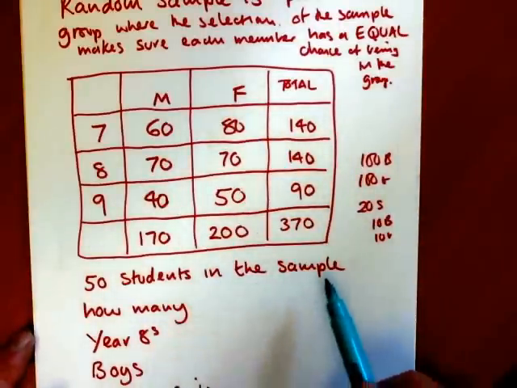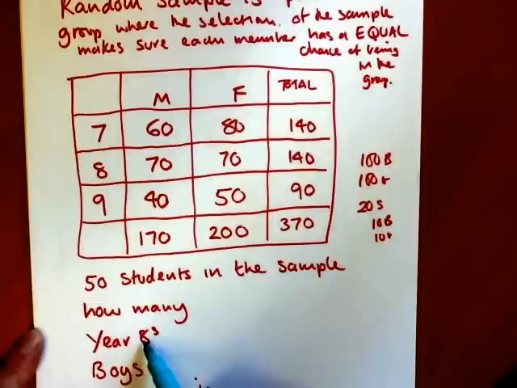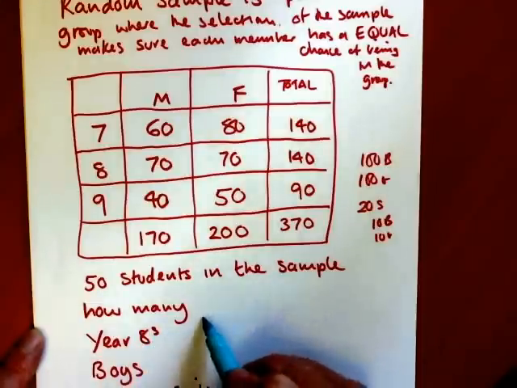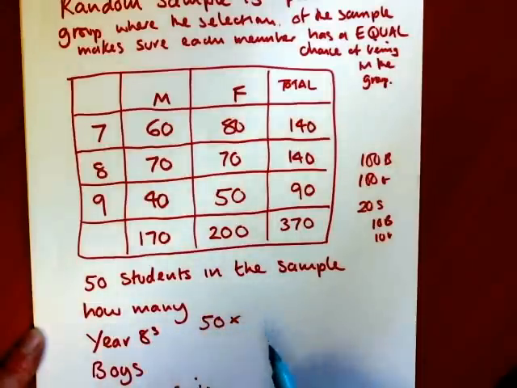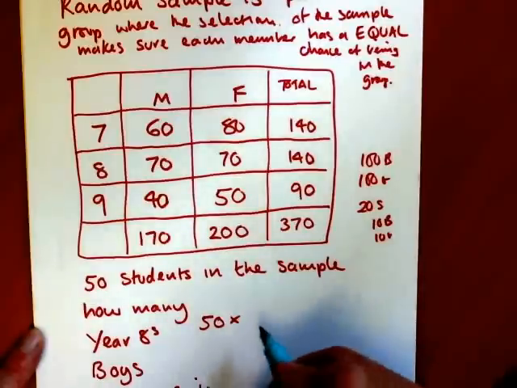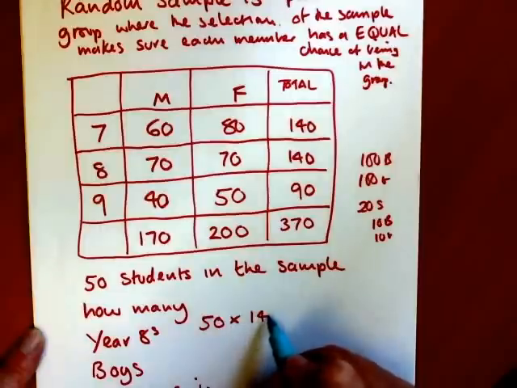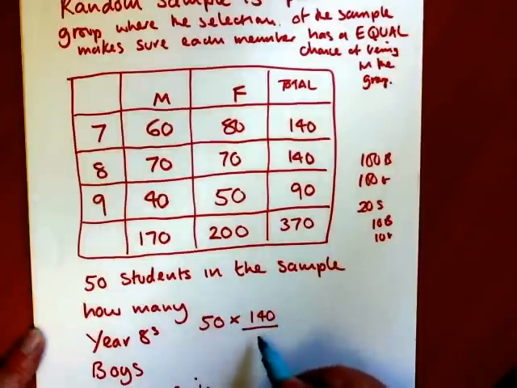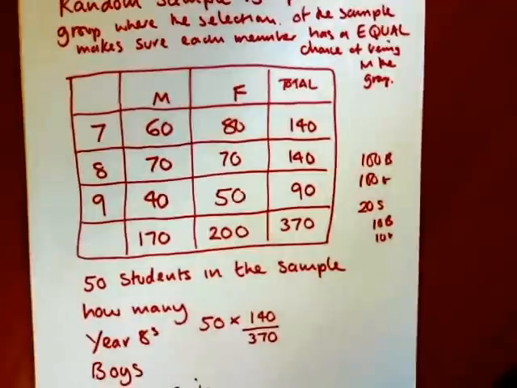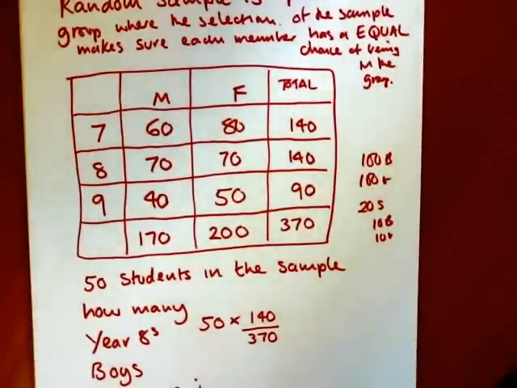We've got 50 students in the sample, so how many Year 8s should I have? It will be 50 times the proportion of Year 8s in the whole group. The number of Year 8s is 140, and the whole population of the group is 370. I'm going to be able to do that on my calculator, and not in my head, so we'll get the calculator up.